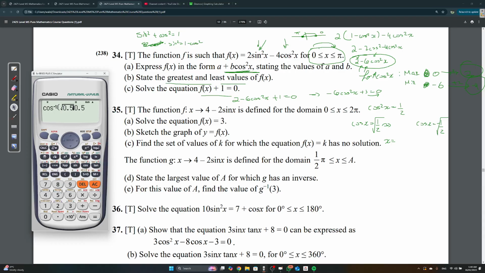Pi over 4. So you're going to get x as pi over 4 here. And remember, for cosine you always consider the other solution too. But since that one doesn't fit in the domain, we're not going to consider it. How about cosine inverse of negative root 1 over 2? You're going to get 3 pi over 4.